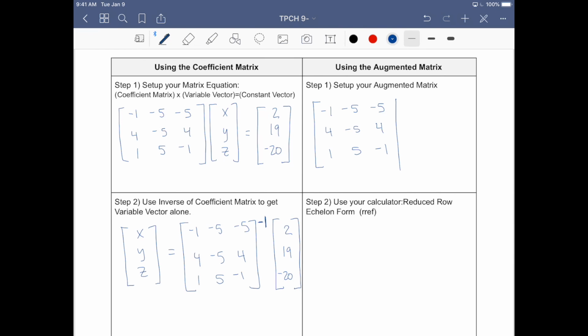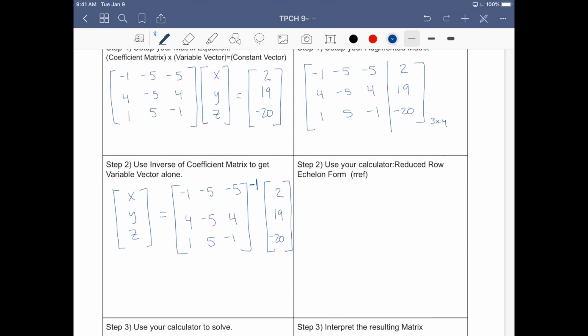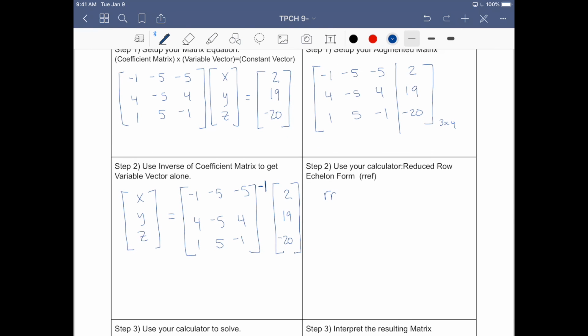Okay, and I'm just going to drop a line here, and then 2, 19, -20. This line should not appear anywhere in your calculator, so what you're going to do is set up a 3x4, and then you're going to get into your reduced row echelon form of this matrix.